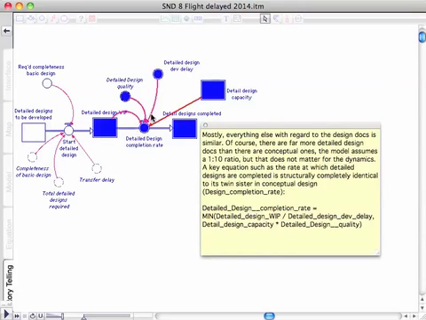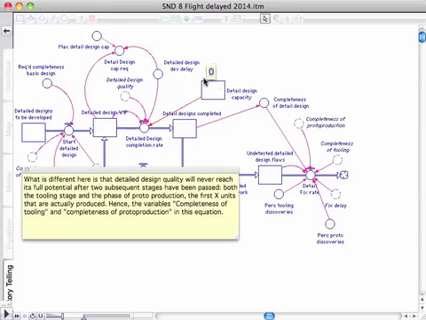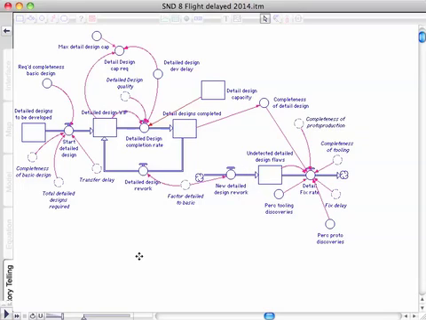And the rest is identical to the basic engineering. Only we have, I believe, 1,000 design tasks rather than the 100 that we have in basic engineering. So that's it then.